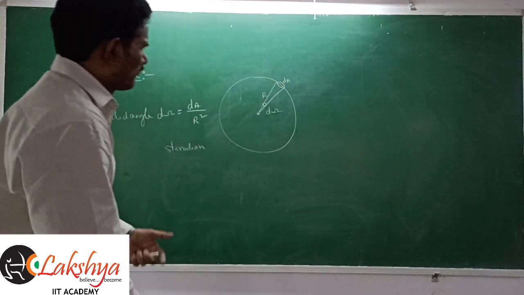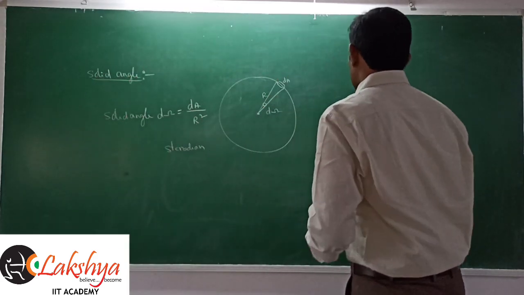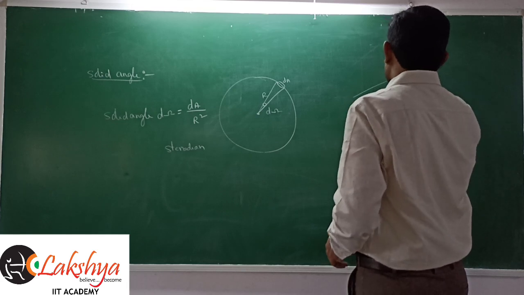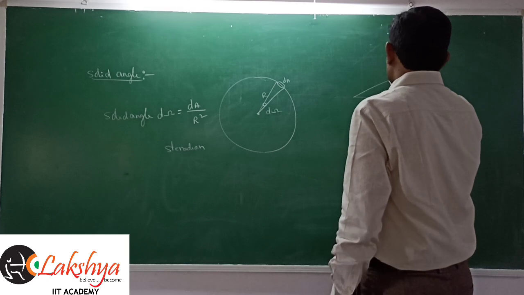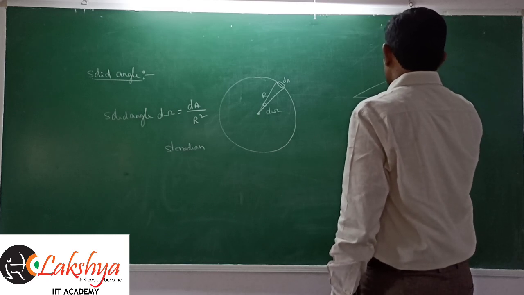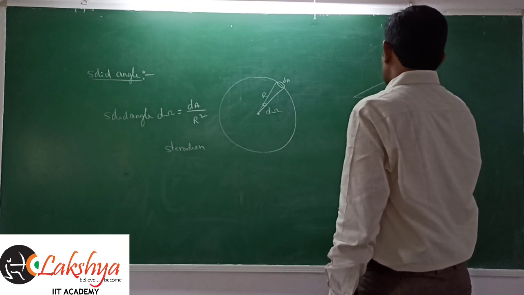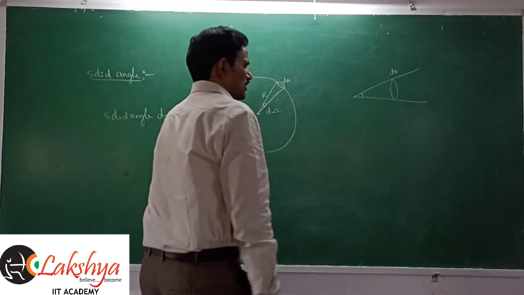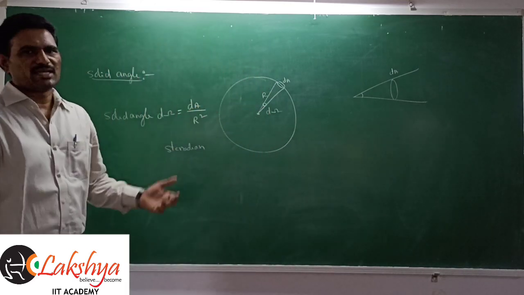Now there are certain cases, for example, if the area dA is perpendicular to the radius like this, then you can define d omega as dA by r square. But suppose the area is not like that.